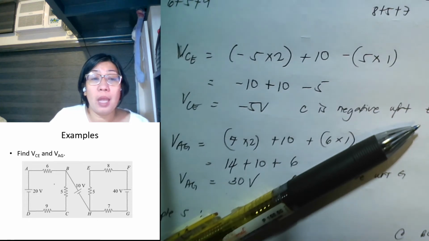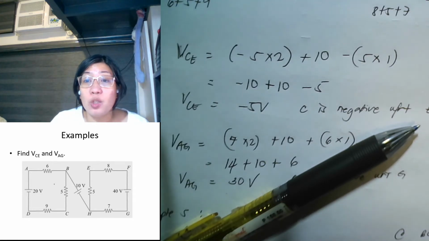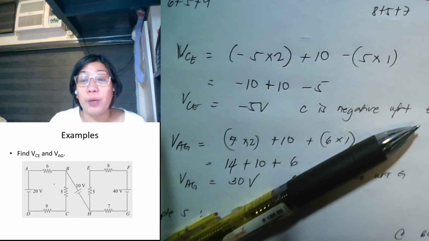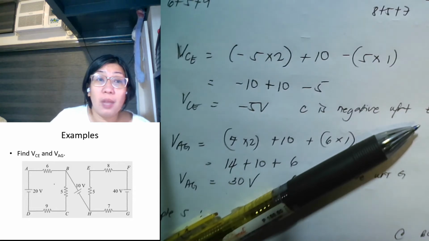And for VGA, that is from G to A, wherein 30 is positive with respect to G. Okay? By combining this 20, this 10, and this 40, we can assume that E is positive because 40 is greater than 10 and 20.